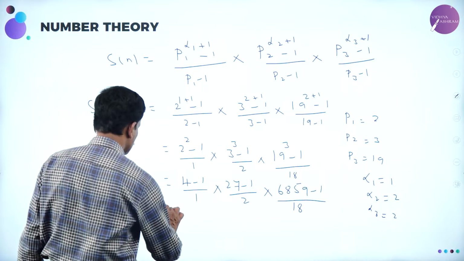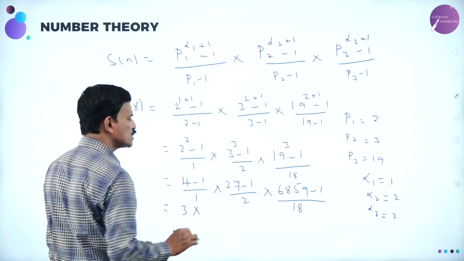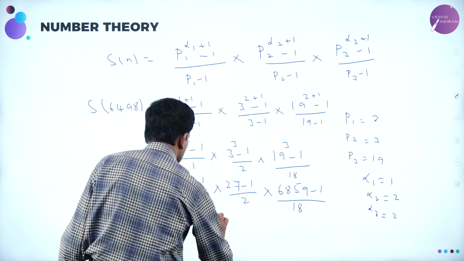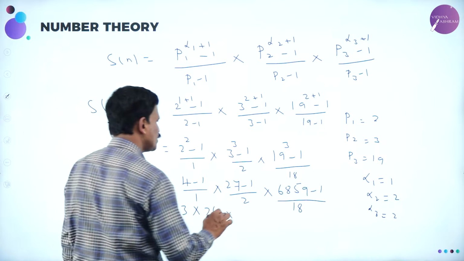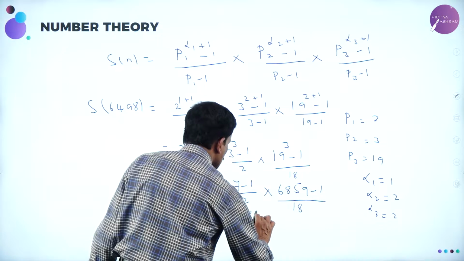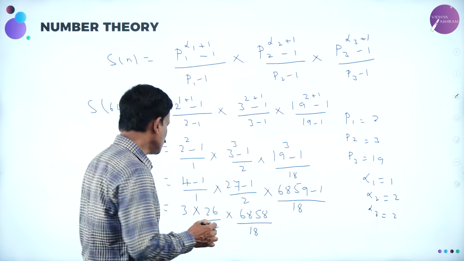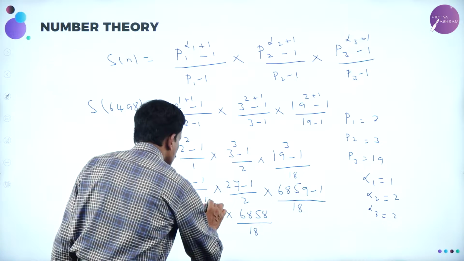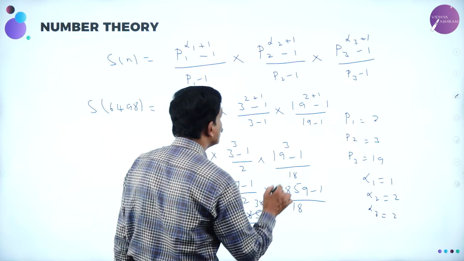So what is this equal to? This is nothing but 4 minus 1 is 3, into 27 minus 1 is 26, divided by 2, into 6859 minus 1 is 6858, divided by 18. So if you divide, 13 2s are 26, and 6858 divided by 18 is 381.